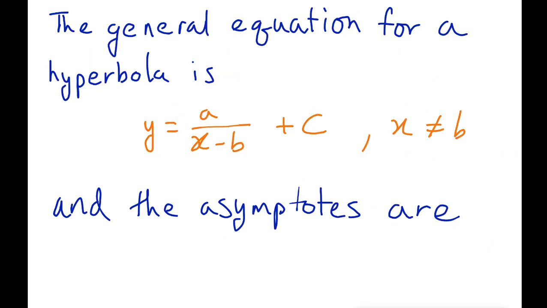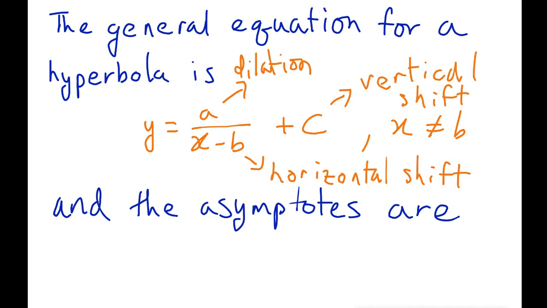So, as a general equation, we have y equals a on x minus b, plus c. As per usual, that is our dilation, that is our horizontal shift, and that is our vertical shift. And we have two different asymptotes. Notice that this little bit can't be equal to 0.